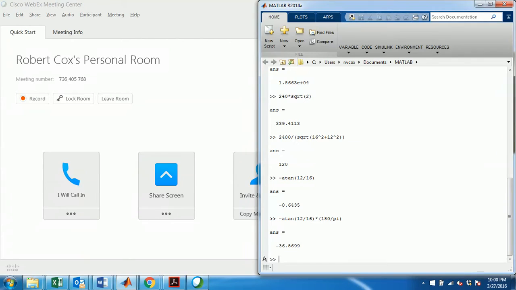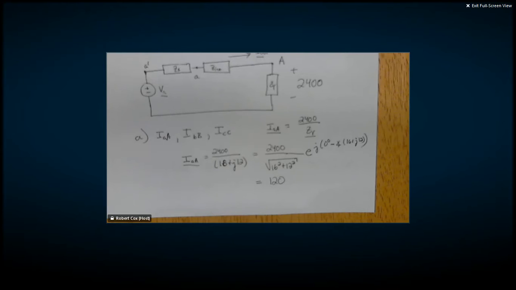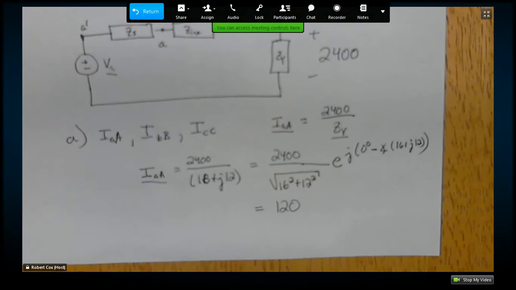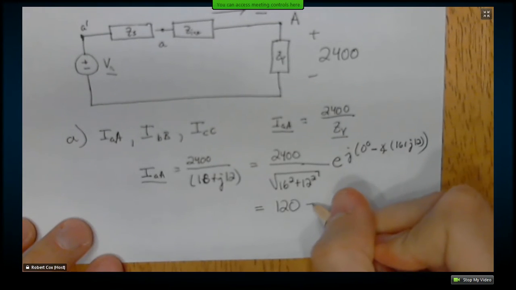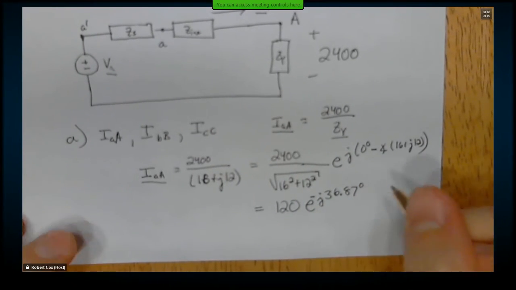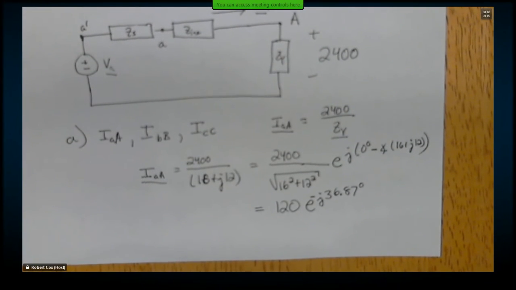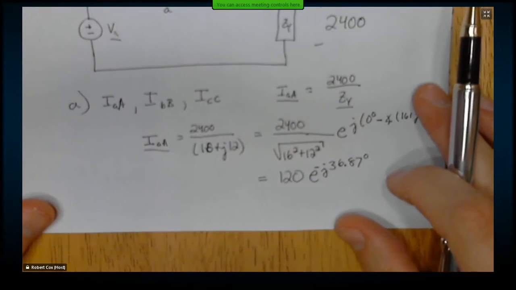Negative 36.87 degrees. Okay. So let's go back to the display here. Okay. So e to the j negative 36.87 degrees. Okay, which matches what the book tells us.